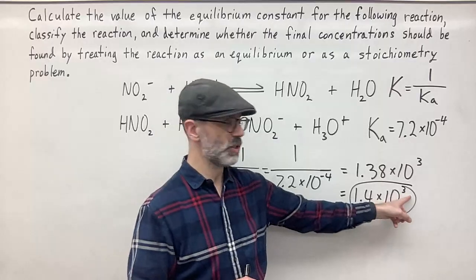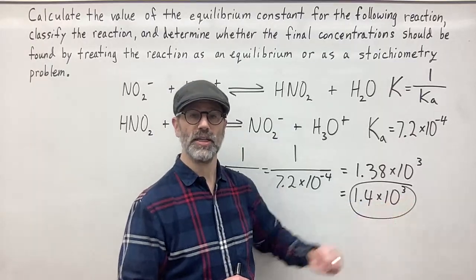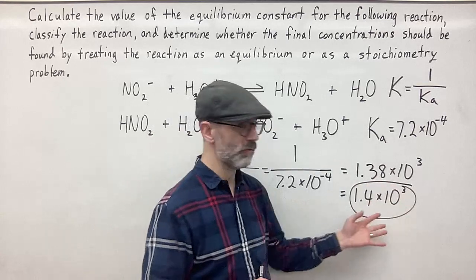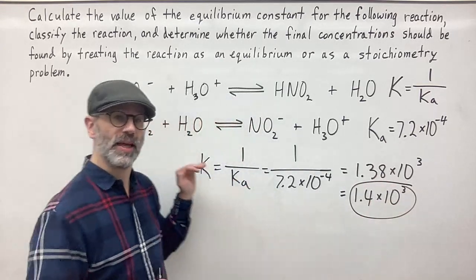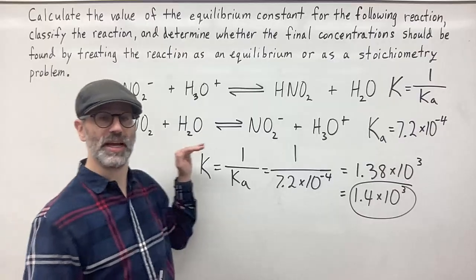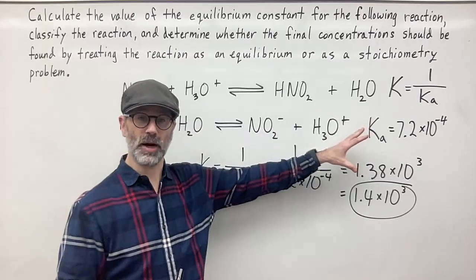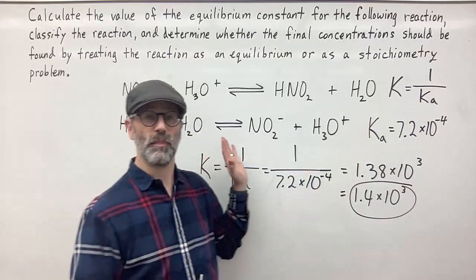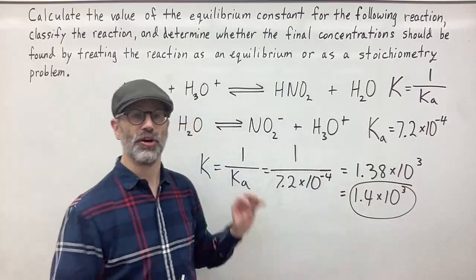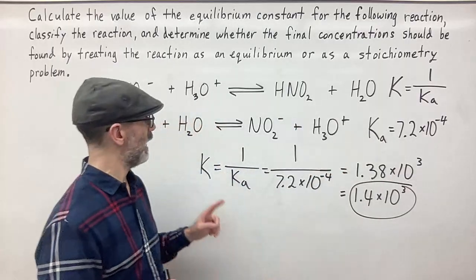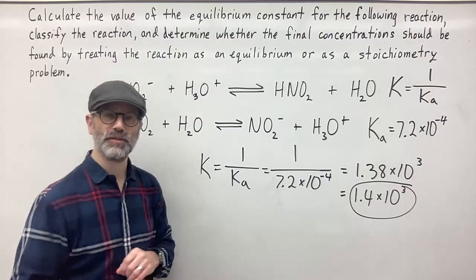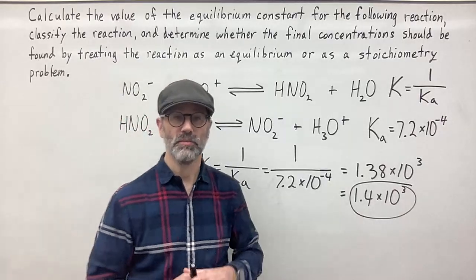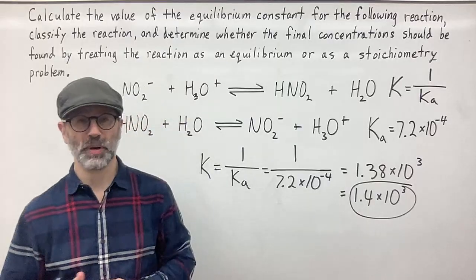It is much, much greater than 1, so on the order of 1,000, 1,500. That indicates that the reaction is going to be heavily favoring the products. So at the end of the reaction, you're going to have a whole lot of products, and very little of the reactants left. So you would treat this as a stoichiometry problem.